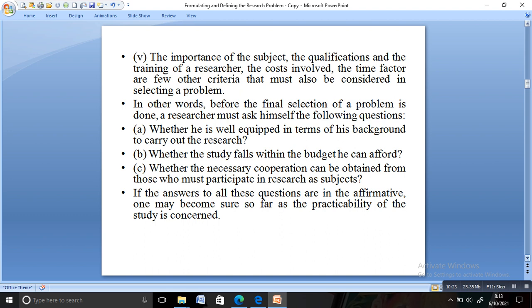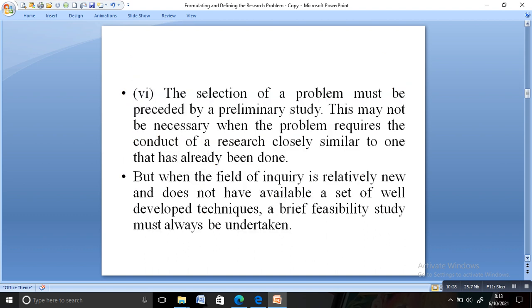And the problem selected should be preceded by a preliminary study. A preliminary study is not needed if a closely similar study has already been done. Okay. Next, what is the necessity of defining the problem?